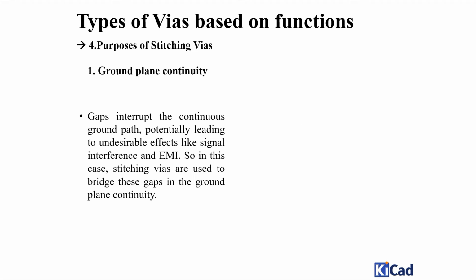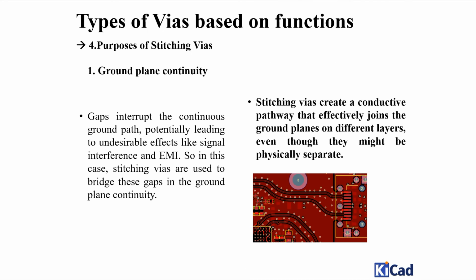Gaps interrupt the continuous ground path, potentially leading to undesirable effects like signal interference and EMI. So in this case, stitching vias are used to bridge these gaps in the ground plane continuity. Stitching vias create a conductive pathway that effectively joins the ground plane on different layers, even though they might be physically separate.